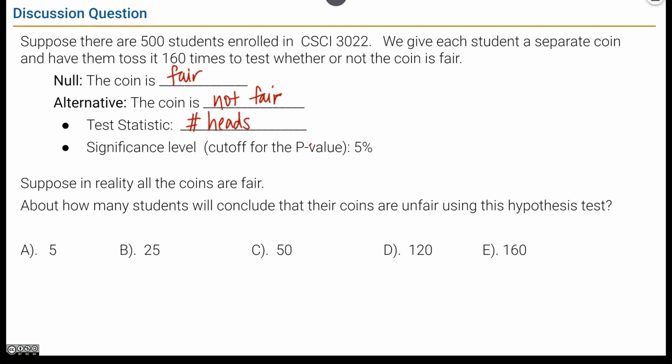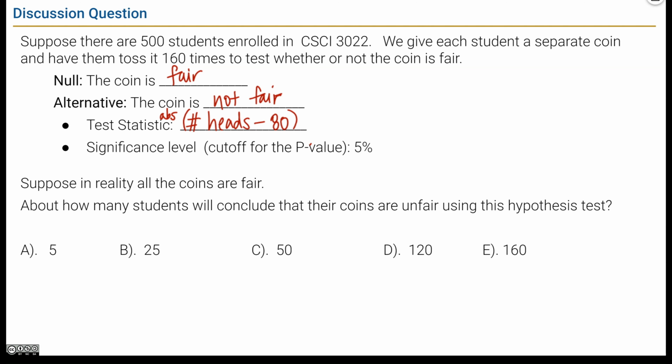But now think about it. If I just use the number of heads, I'll be stuck, because I want to be able to test if I'm both high or low. So I could say number of heads minus my expected number, which would be 80, and then take the absolute value, because that allows me to check for both high and low values.